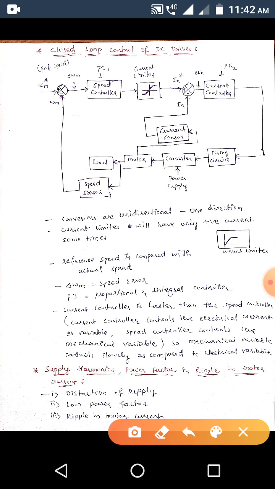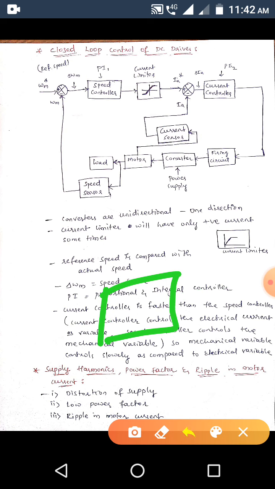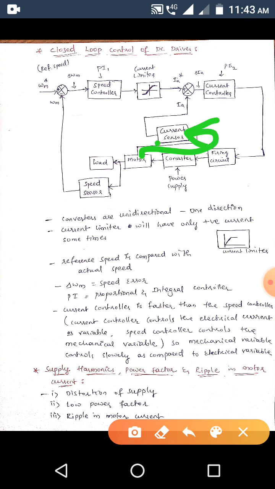To sense the actual current in the motor, as feedback we have connected the current sensor here. The feedback loop should be like this, but in my diagram it is somewhat complicated, so don't get confused. The current sensor on the motor is connected to the current node as feedback.